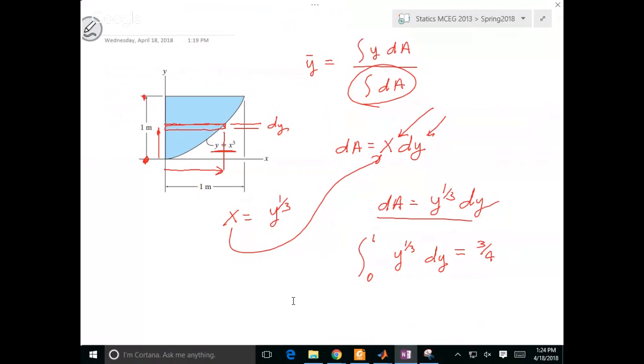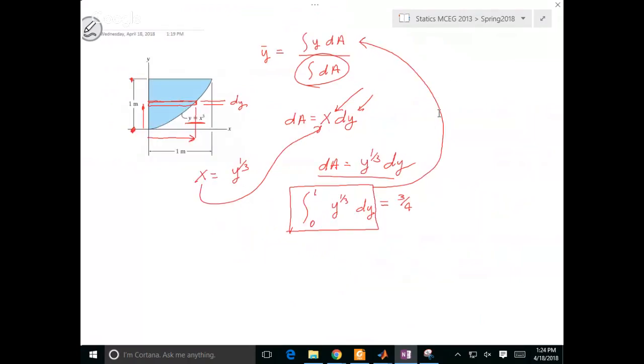So now that I've done that, I go in here and take a look at this. The only difference between that one and the upper one, the one on top, is there's a new y in there. There's another y. That's it. So you go in here and you say, well, okay, now I have y bar equal to the integral of y d area over 3/4.